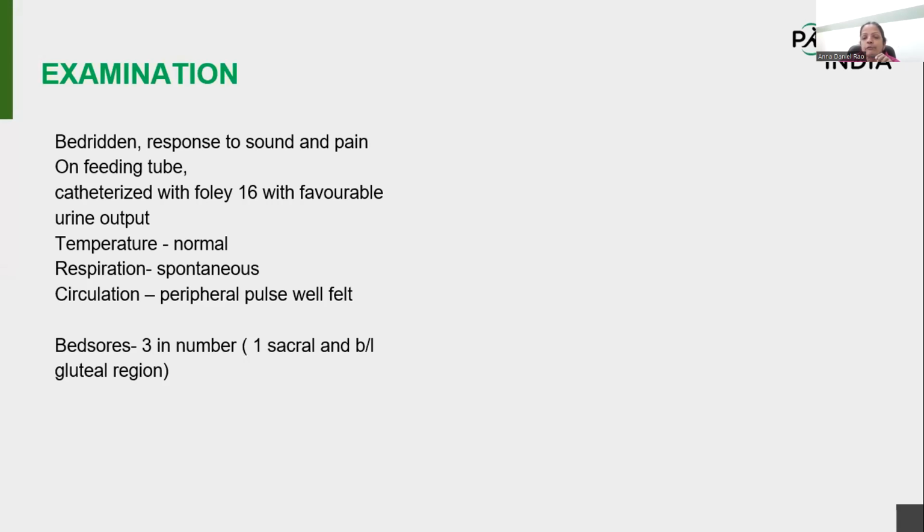So before giving feedings, we have to aspirate. If the aspiration is more than 30 to 40 ml, then the meal should not be given. How to prepare meals and all that should be taught to the relatives. So that is very essential.